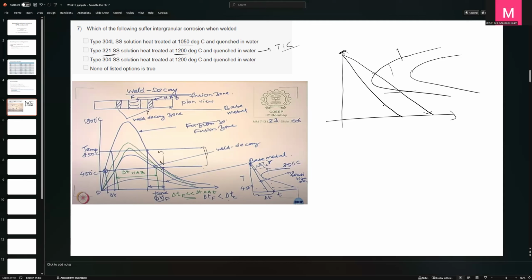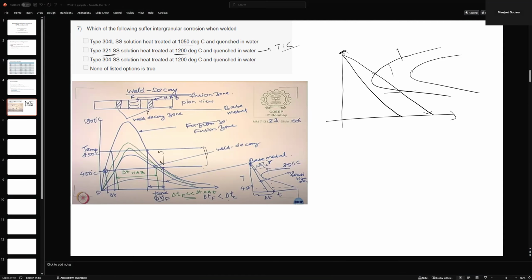So I have marked the option none of the listed options is true, but that was marked as incorrect. I have mailed this question to the professor also, but I haven't received any reply.